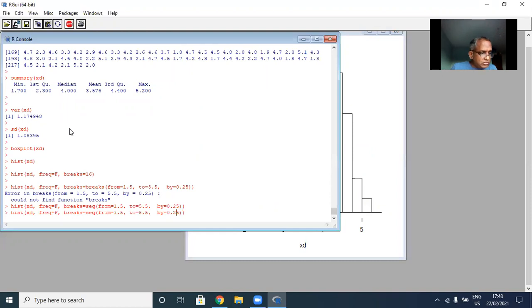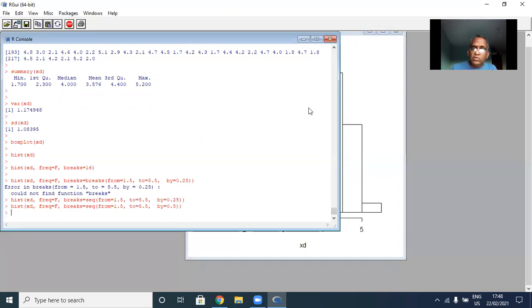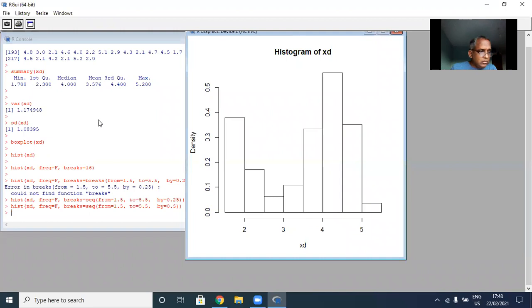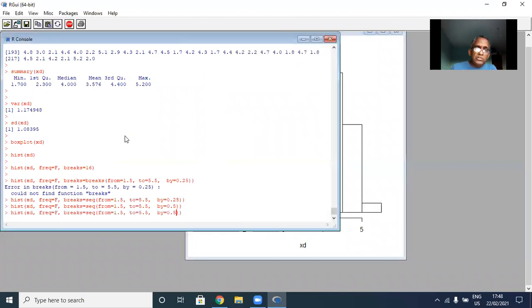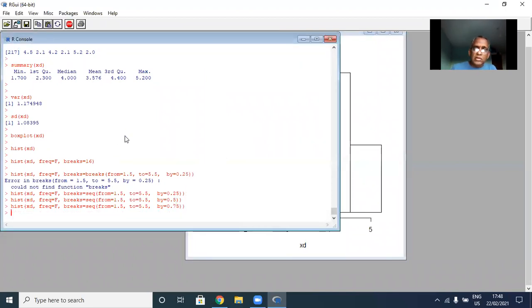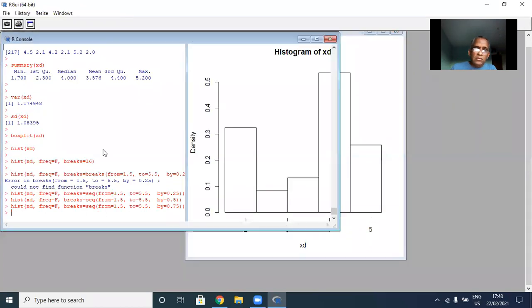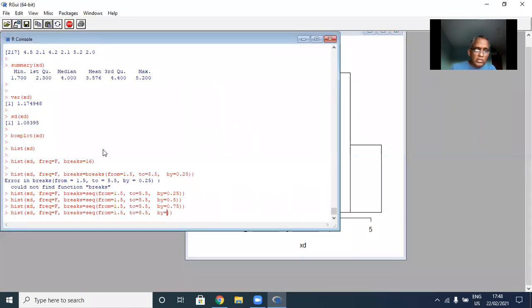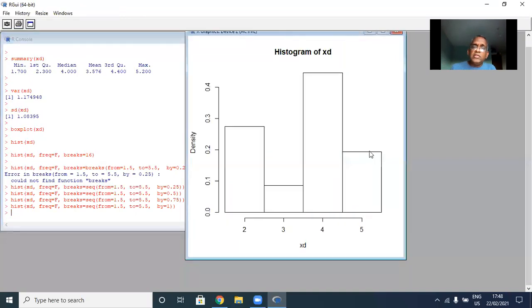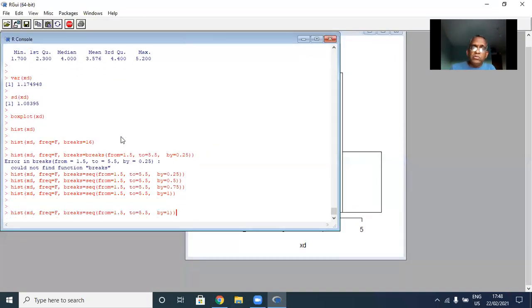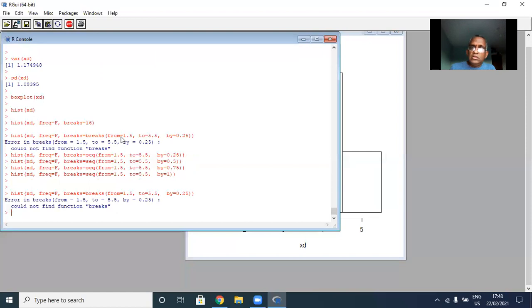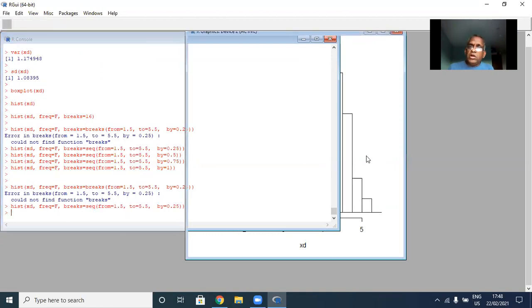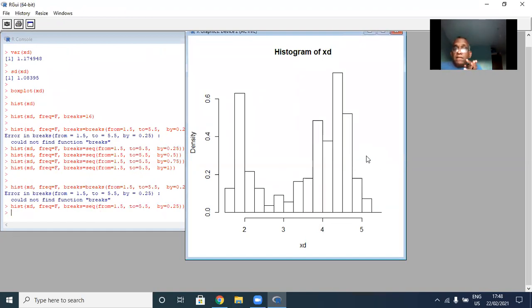And you can change this to anything you want, like 0.5 to get this. You can change this to say 0.75 to get this. And you can change this to 1, say, to get this. But in each case, what you see is a bimodal shape. In each case, what you see is that the density of the duration data is bimodal with two different modes.